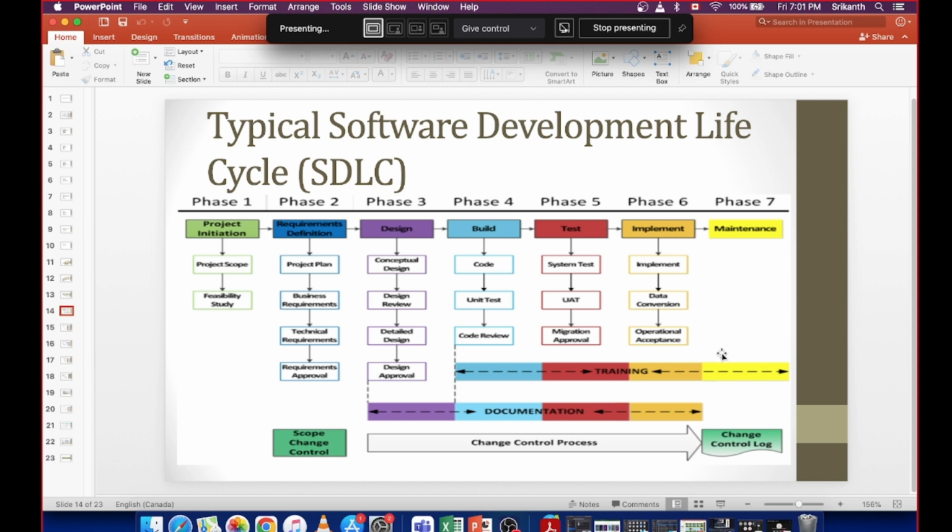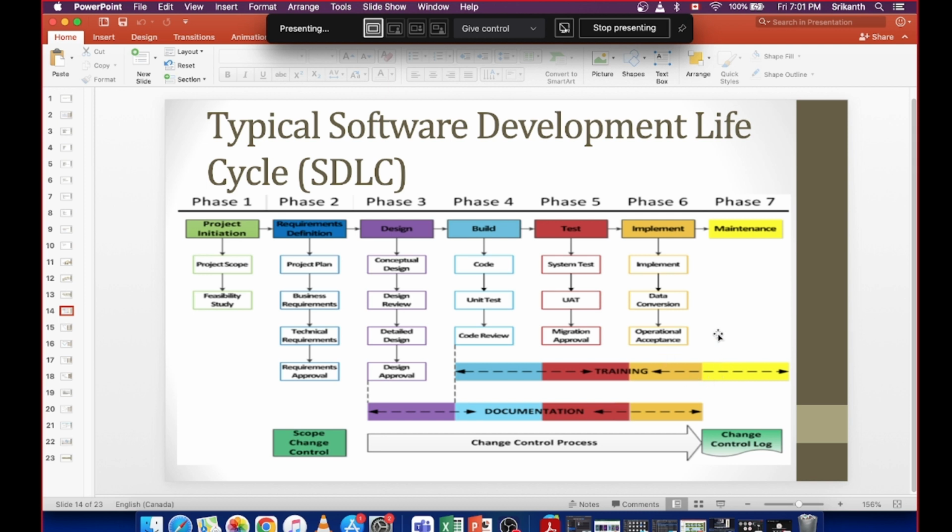We'll discuss those changes, analyze the impact on the existing application, and then go ahead and implement the change if it is feasible, or else we'll push it to the next release. So you should be in a position to explain in detail how you handle a change in the requirement. Okay.